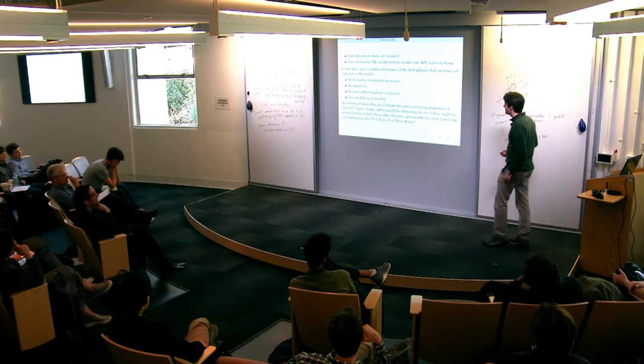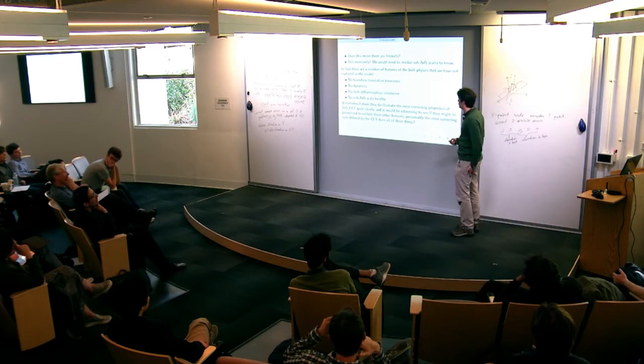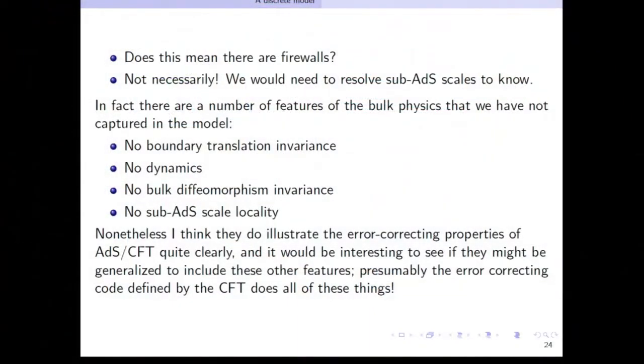Yes. So indeed, I think probably the two things which annoy me most from the point of view of trying to use this as a model of AdS/CFT are, first, this thing with the sub-AdS locality. I've sort of mutilated the geometry. So it's local only on scales that are large compared to the radius of curvature. Whereas in the real AdS/CFT, we should be able to build the LHC or something.